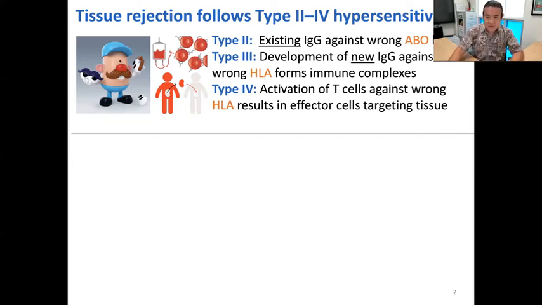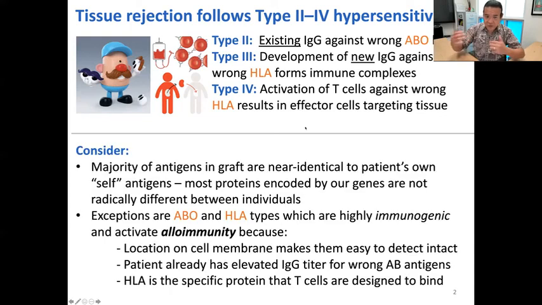So this term immunogenicity has to do with how easily they actually cause problems with the immune system. Consider this. The majority of antigens that come over as part of a tissue graft, meaning all of the cells that make up something like the kidney that's being transplanted, most of those antigens are nearly identical to the patient's own self-antigens, right?